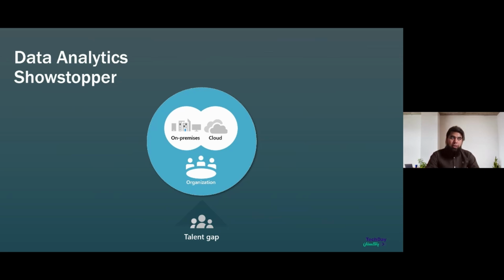So the most important thing is what is the talent which we have here in our academia, and what we are actually producing for our industry, and how we can bridge this gap.